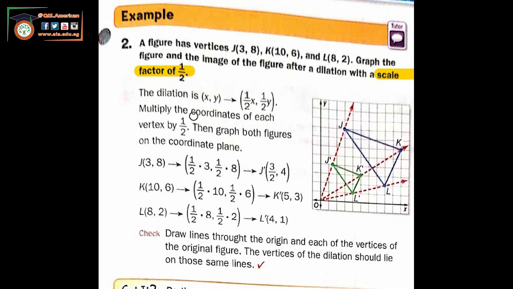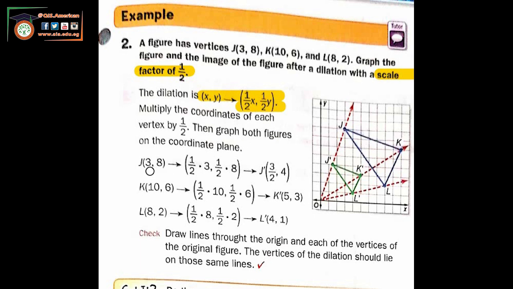Half is less than 1, so it's a reduction. My rule is x and y become half multiplied by x and half multiplied by y. And remember, I have to multiply the scale factor by both x and y, for every coordinate.